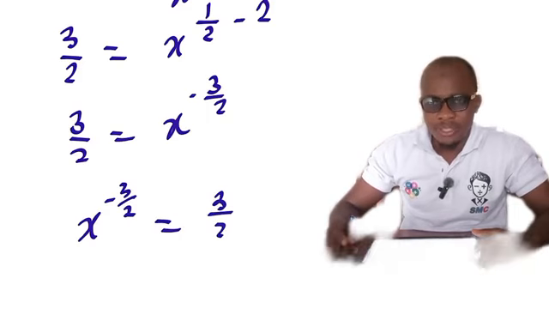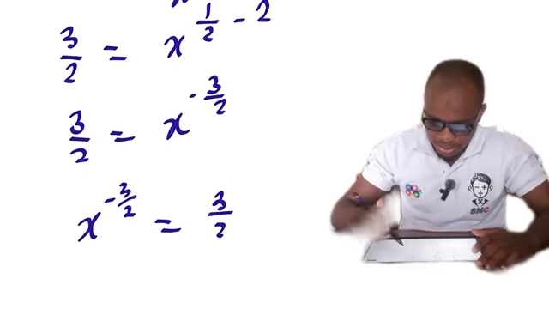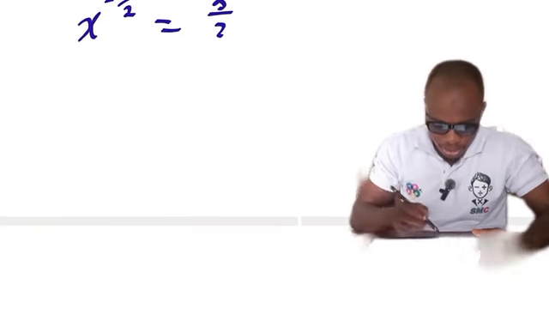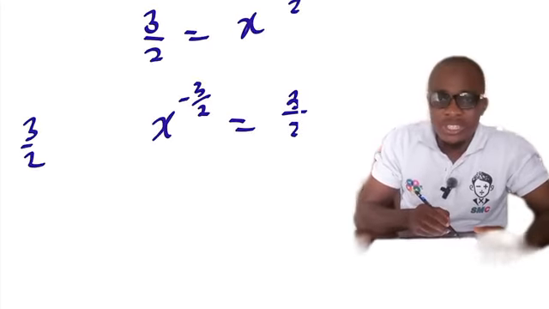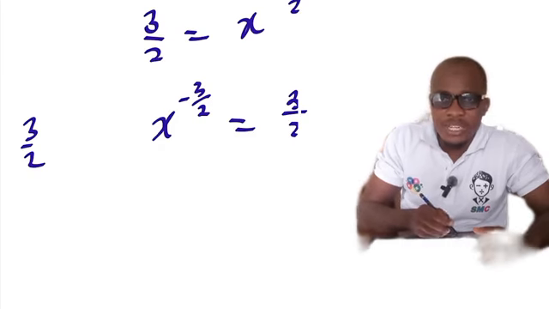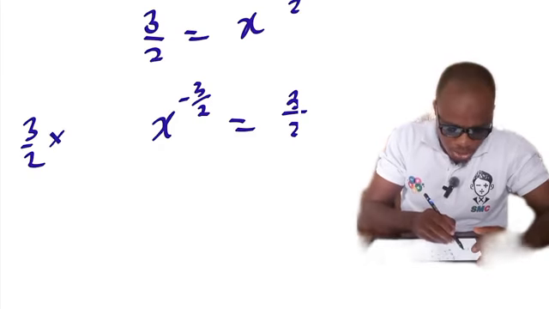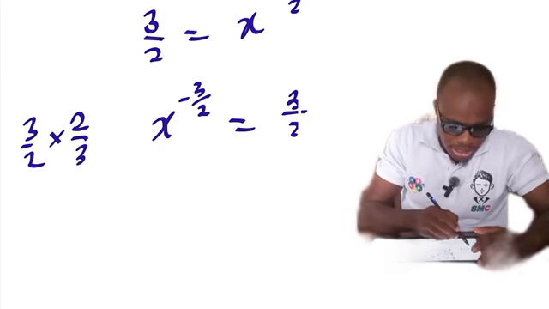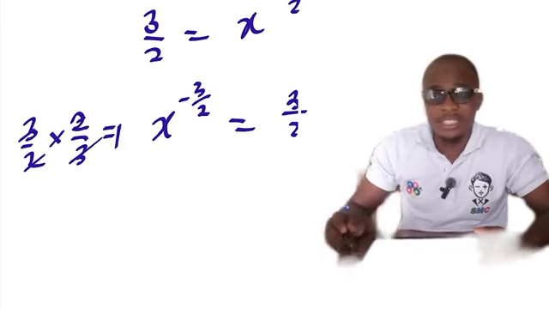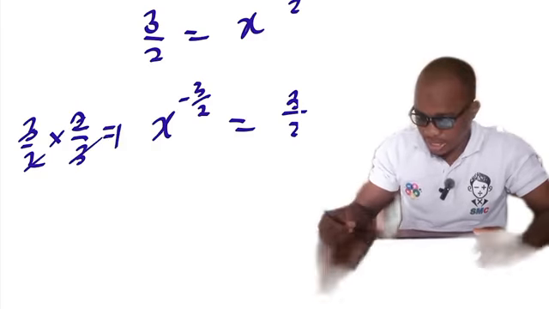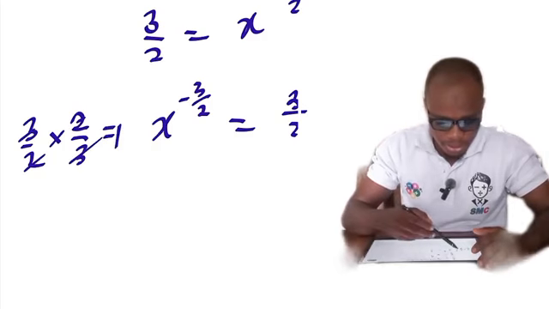Now what I'm going to do here is this. When you have 3 over 2 and you multiply it by its reciprocal, that is 2 over 3, this cancels this, and everything is going to be 1.